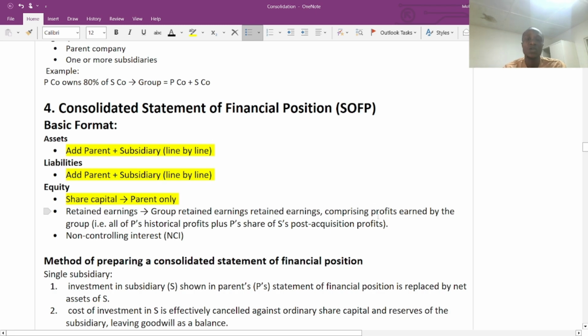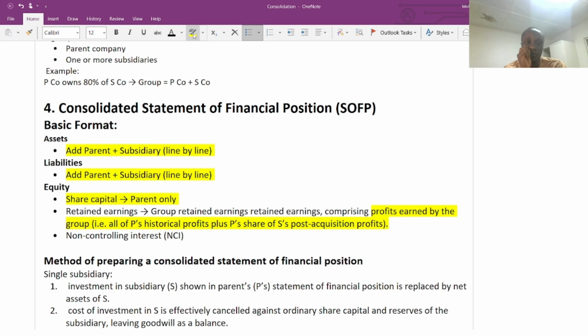Then also we are going to look at any share of post-acquisition profit separately, don't worry. For now, what you need to know is that for retained earnings, we are going to include the group profits and also any post-acquisition profits. When we do our net asset working, we look at it separately, and when we do the retained earnings working, we look at it separately.